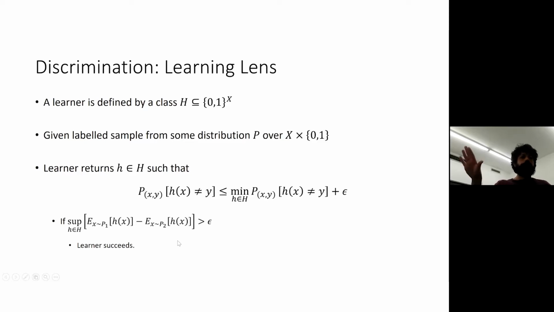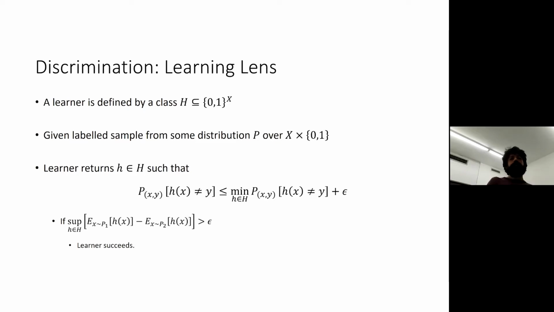So basically, you can reduce the problem of discrimination to the problem of learning, where you think of the labeled data as basically synthetic and real. So you have a real distribution and a synthetic distribution, or distribution P1 and distribution P2.